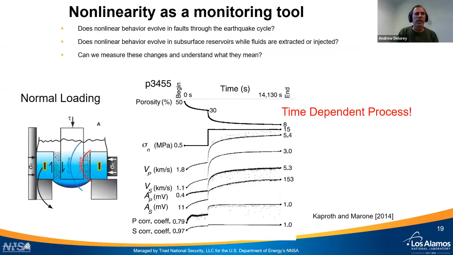First, under just normal loading, the middle block is normally going to be driven down the middle, but this is just the normal loading from the sides. What we can see is that we have both an instantaneous response, so fast dynamics, where the porosity jumps down and the velocities jump up, but then there is a time-dependent aspect to it as well. The porosity goes down immediately, but then it continues to go down over time, and that's mirrored by the velocities Vp, Vs, and the amplitudes as well. So this is a time-dependent process.